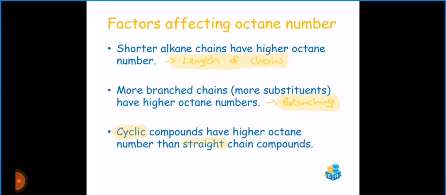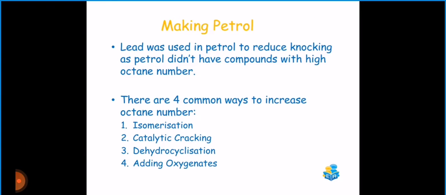In the next few slides we're going to look at how we can shorten the length of our chain and create more branching. Back in time, lead was actually used to reduce knocking, or reduce autoignition, as petrol didn't have components with high octane numbers.